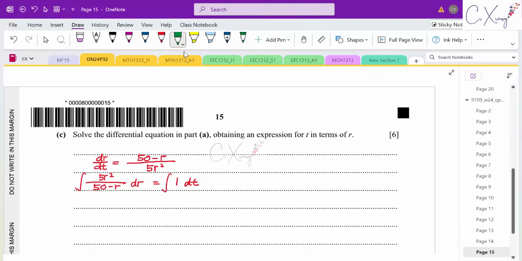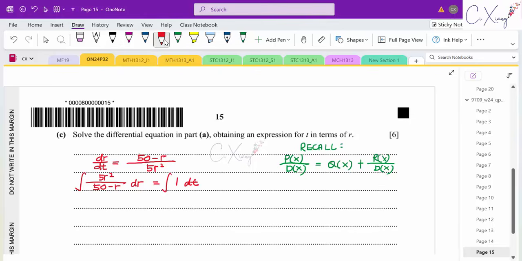If 5r squared is your polynomial, when you divide it by a divisor, it equals the quotient plus remainder divided by divisor. Recall, this is one of the important formulas that you need to know. Polynomial divided by divisor is quotient plus remainder over divisor. I want to apply this formula here.